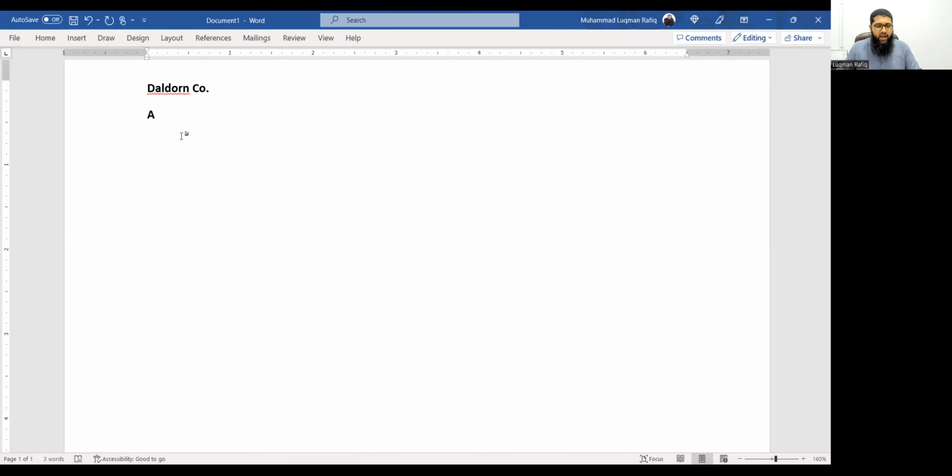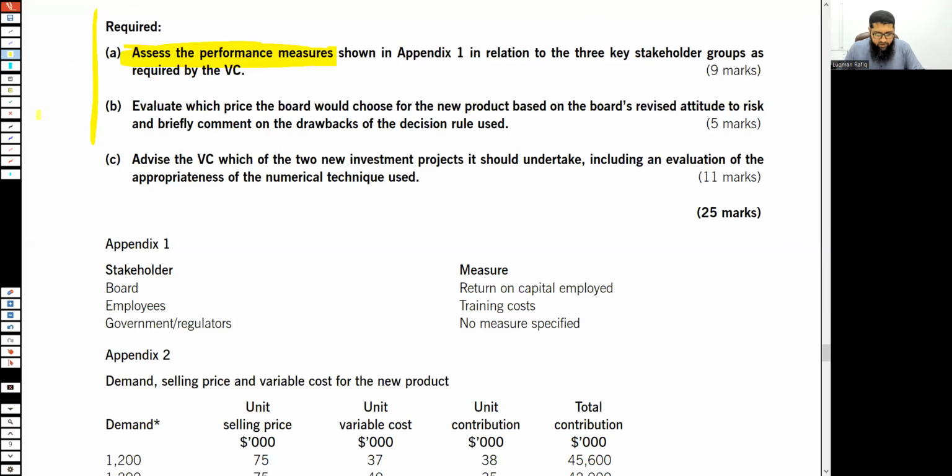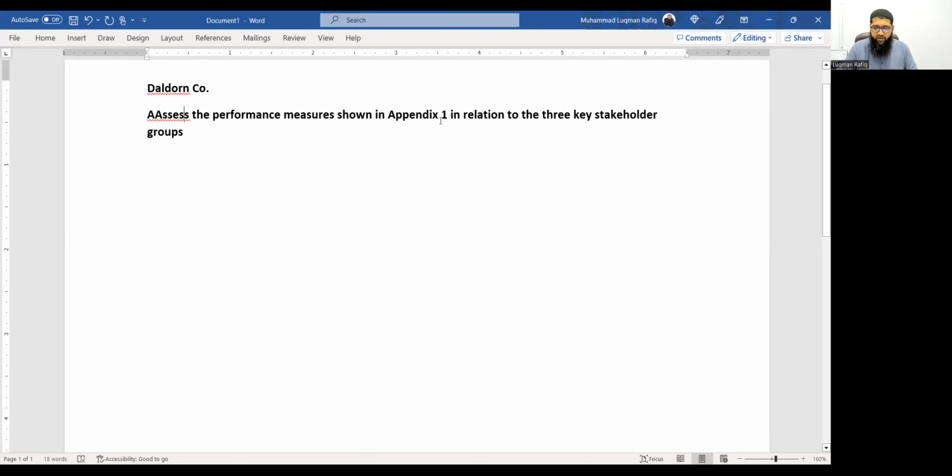When he says assess the performance measures shown in relation to the 3 stakeholder groups as required by the VC, what is the examiner asking from you in the requirement? Let me guide you. Assess. What do you need to assess? That's one word. Assess what? The performance measures. Which performance measures? The ones that have been shown in Appendix number 1.